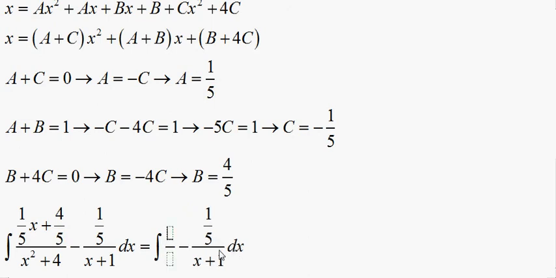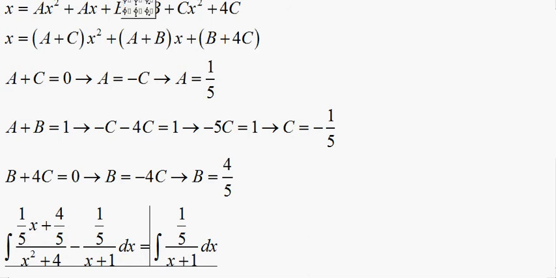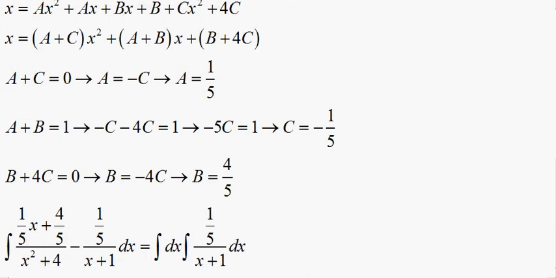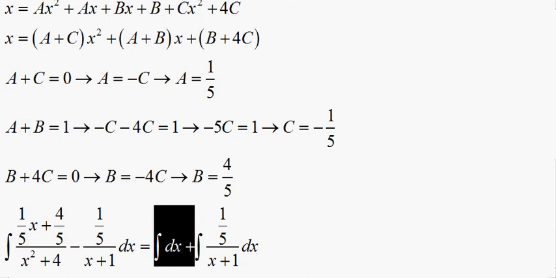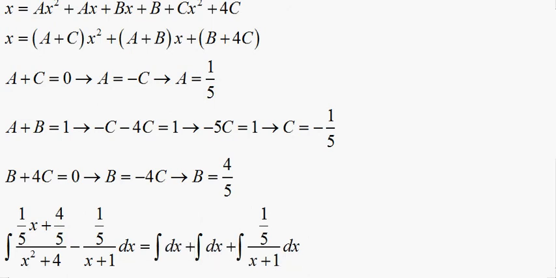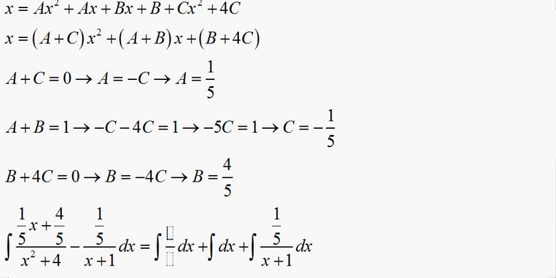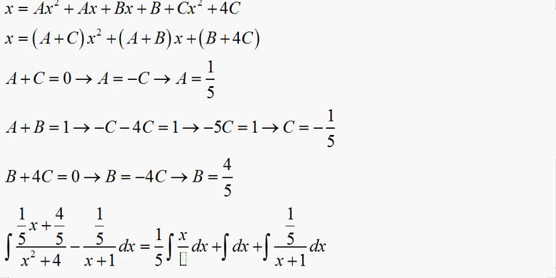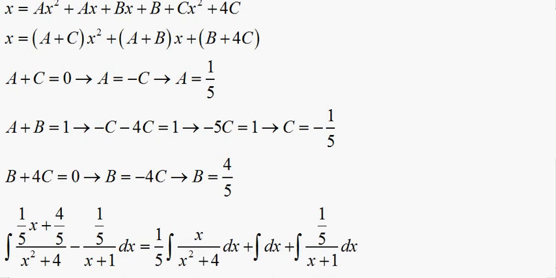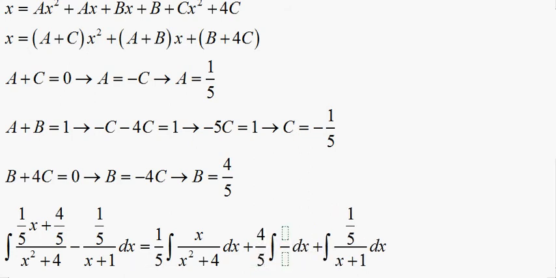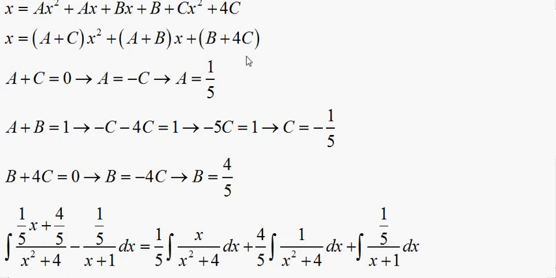We're going to split it up. So this will be 1/5 times x over x squared plus 4, and then this one will be 4/5 times 1 over x squared plus 4.